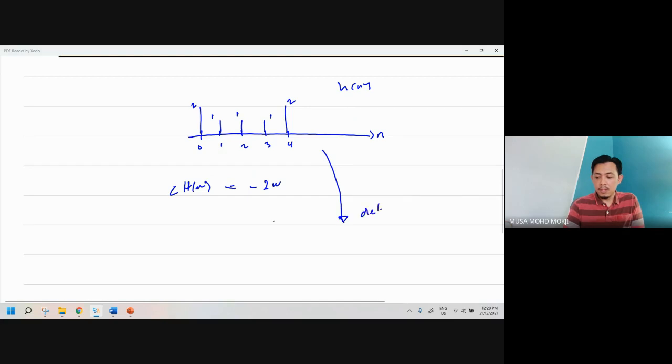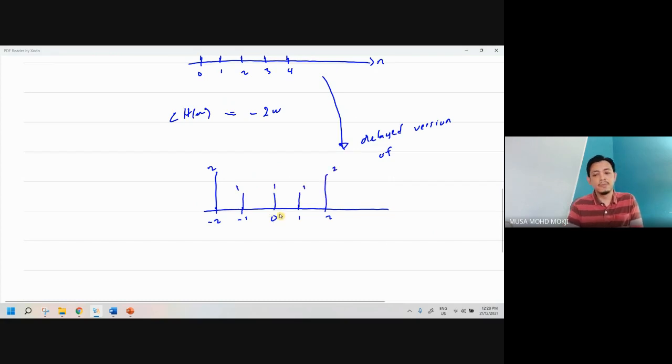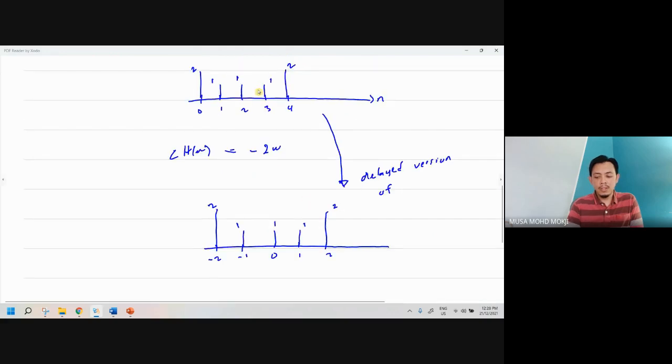Because this is a delayed version of, we can have minus 2, minus 1, 0, 1, 2, which is 2, 1, 1, 1, and then 2. So actually this is just a delayed version of this evenly symmetrical signal.